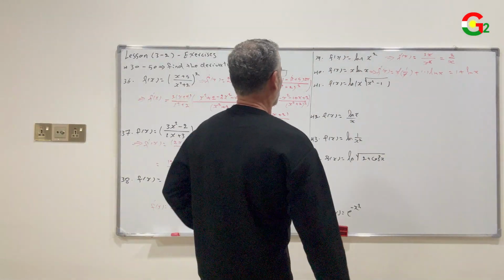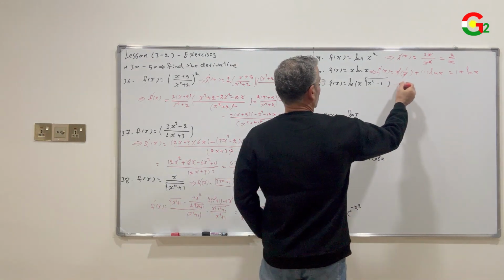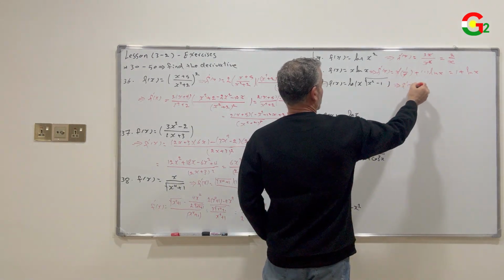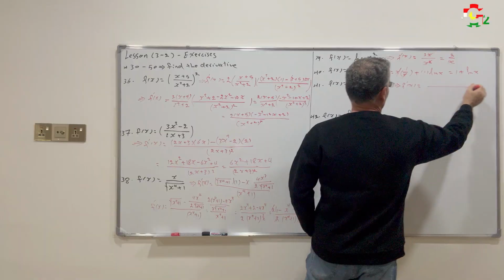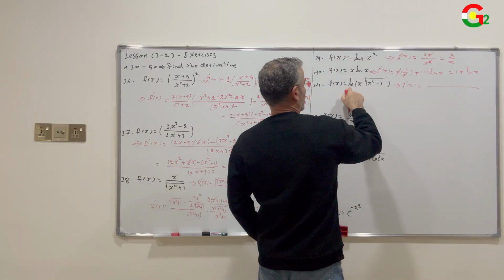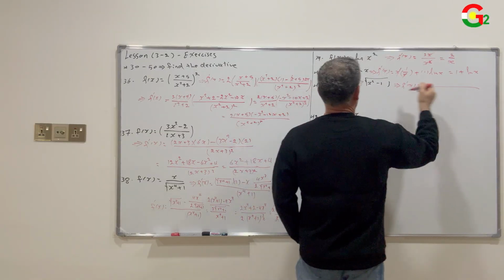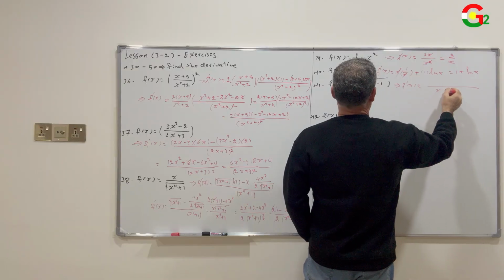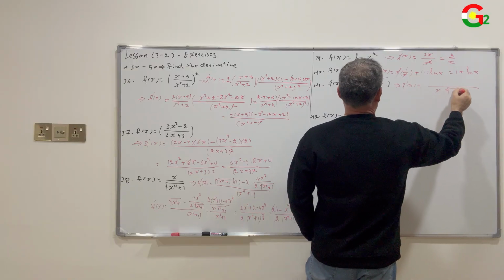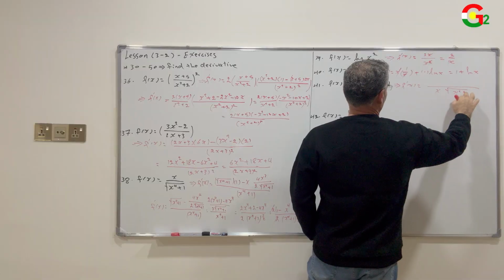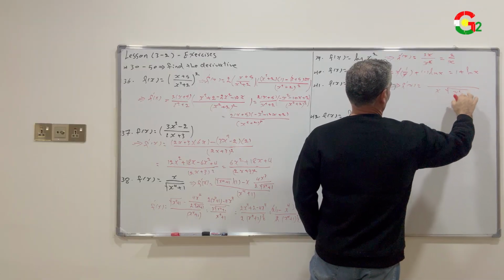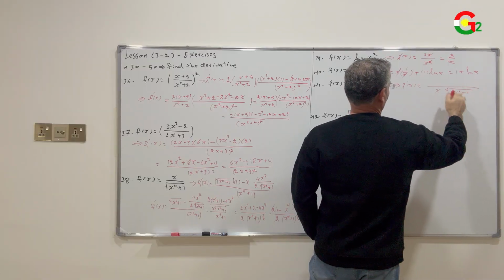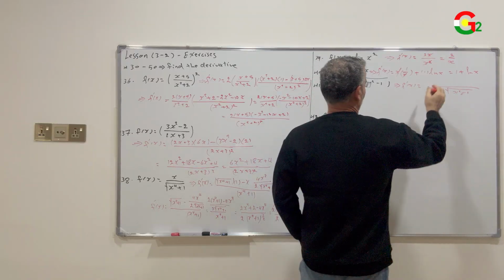Question number 41. F prime of x equal to, since we have ln, then in the denominator we set x plus square root x power 2 minus 1, and in the numerator the derivative of the denominator.